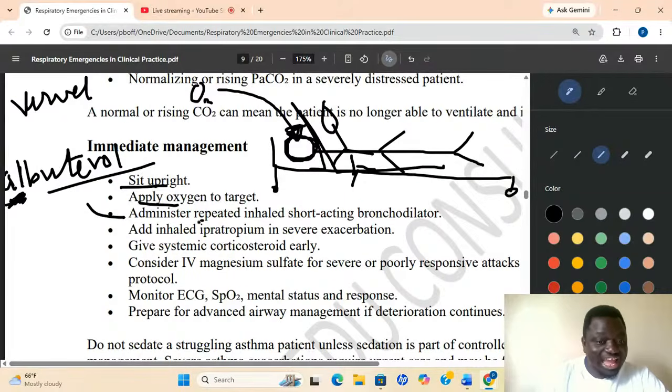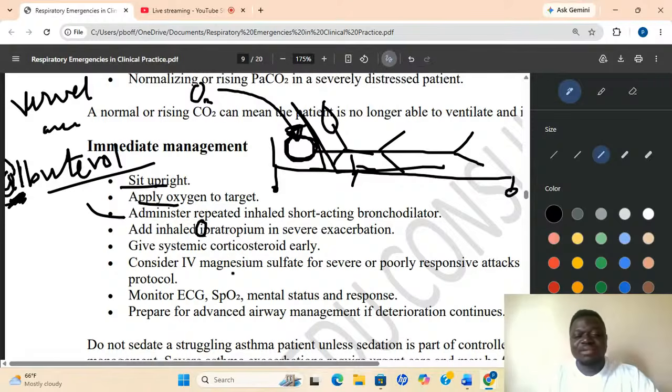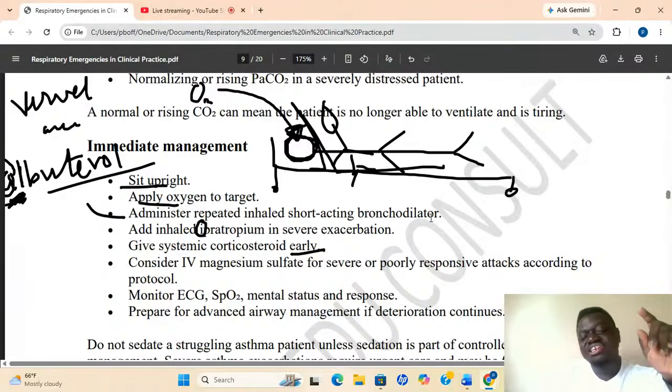So you see the I. You know your vowels now: A, I, E, U. Give systemic corticosteroids early to help with airway inflammation and settle it down. Then you give magnesium, which before was not given, but they have seen that it helps.